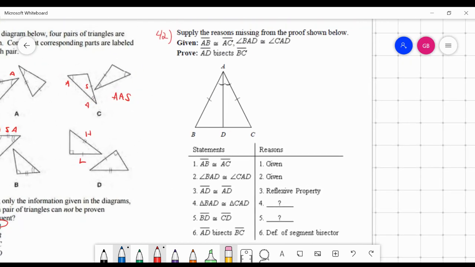So we started with the given, and then the reflexive property says that AD is congruent to itself. That's step 3. Step 4, we have enough information to show that the triangles are congruent. BAD is congruent to CAD by side, angle, side.